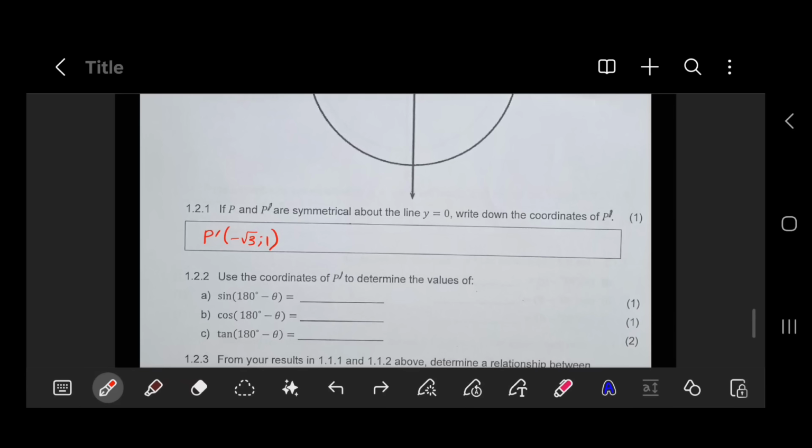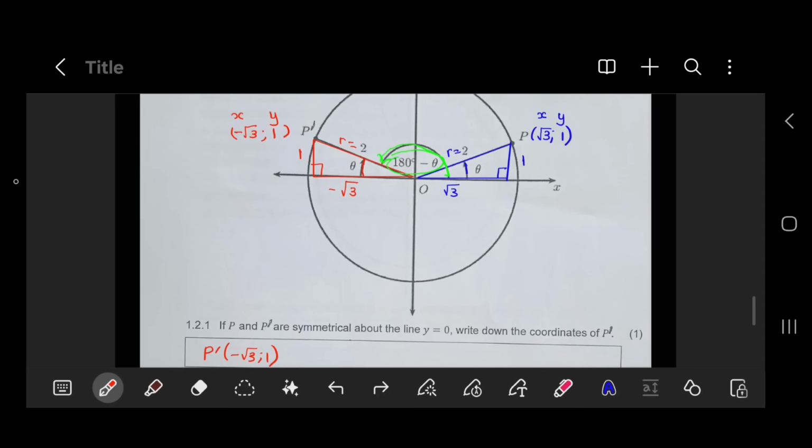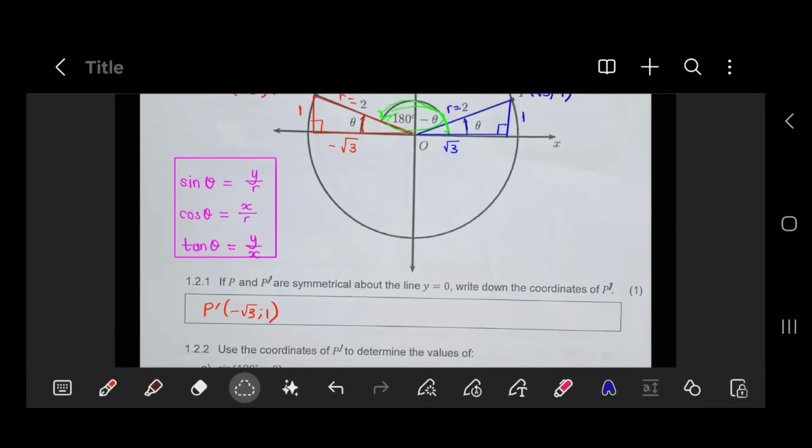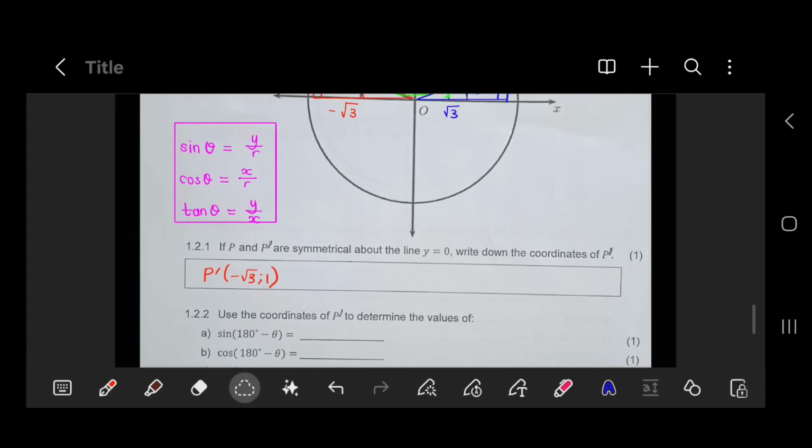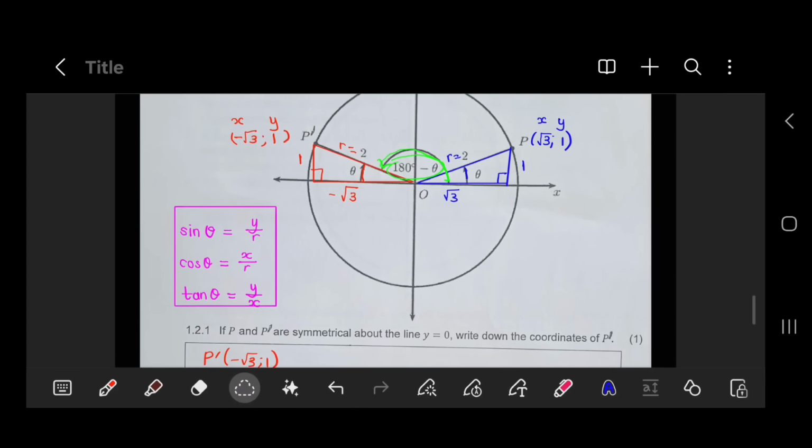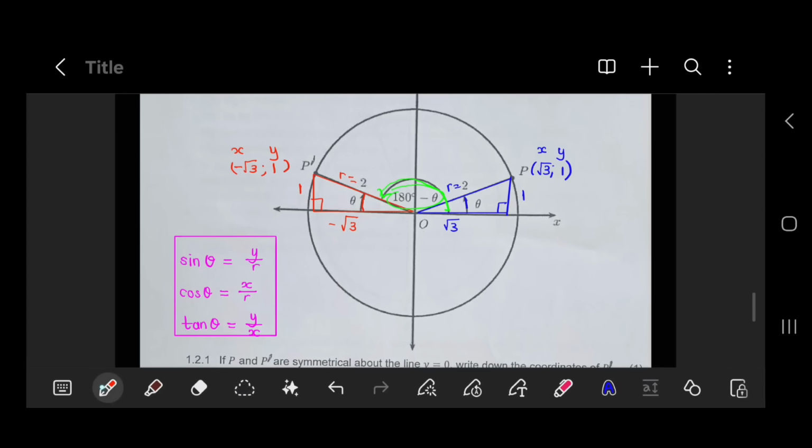1.2.2 says use the coordinates of the image of P to determine the values of. Now we need sine of 180 minus theta. Since 180 minus theta gets us to the red triangle, that is what we're going to use. Applying what we know from before, sine of 180 minus theta is going to be y over r. In terms of this red triangle, y is 1 and r is 2.